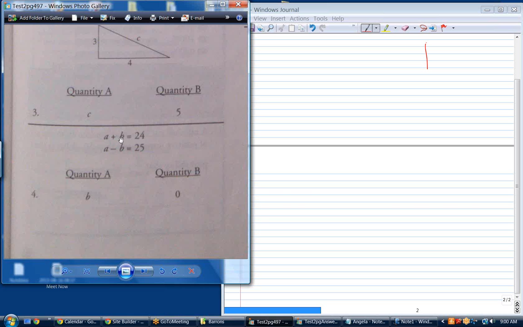So B is a negative number. So quantity B is larger. Okay. You see that? Yes. In other words, if we solve for A and then solve for B, we get B is negative.